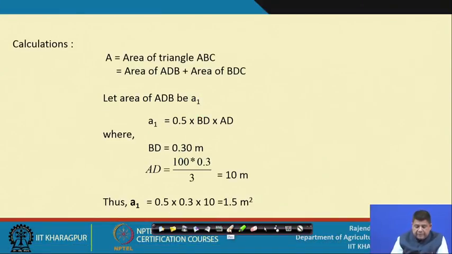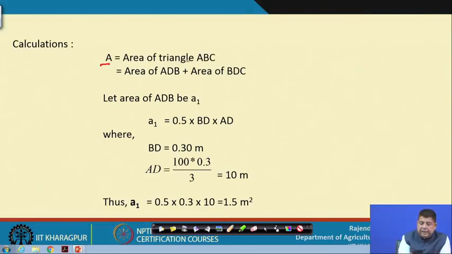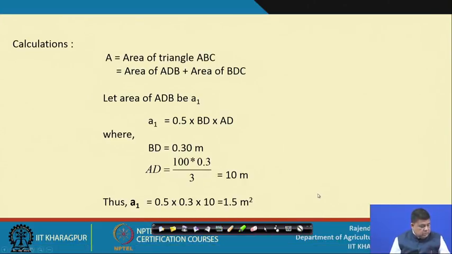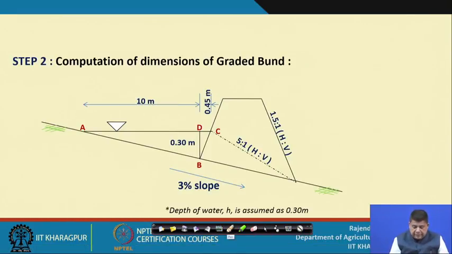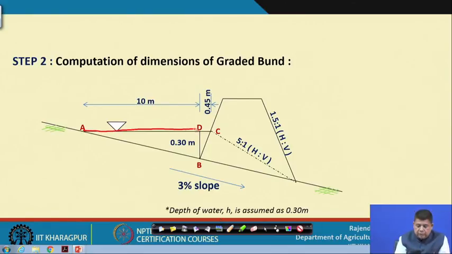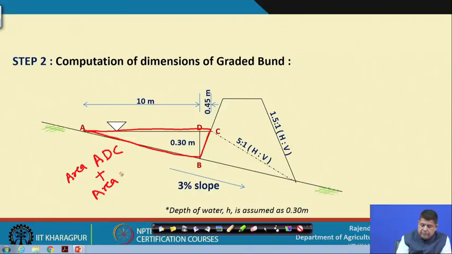So, now basically the total area will be the area of triangle ABC, that is the area of ADC and the area of BDC. Let me just go back to the previous equation. So, basically what we are saying is that this is the total storage area. It is the sum of two triangles, that is the total area is the sum of area ADC plus area BDC.